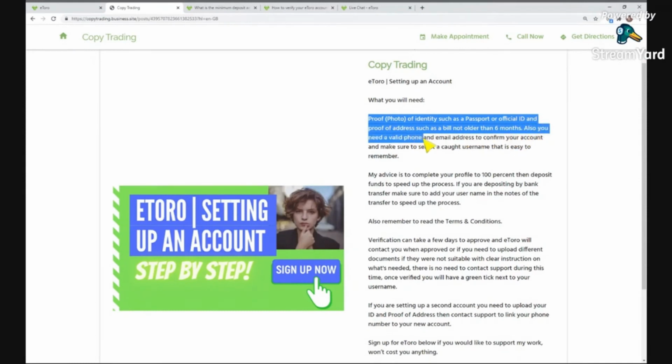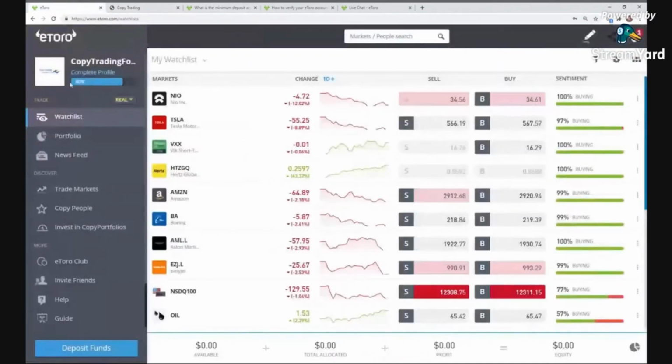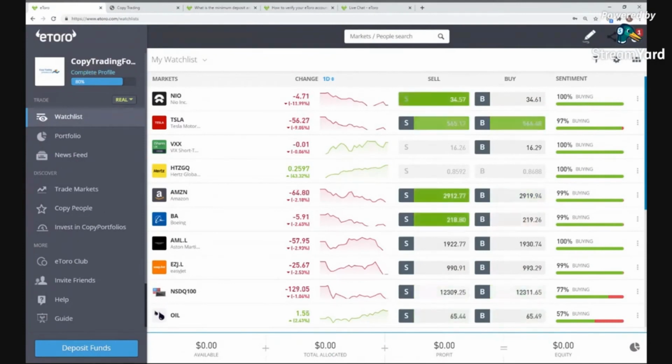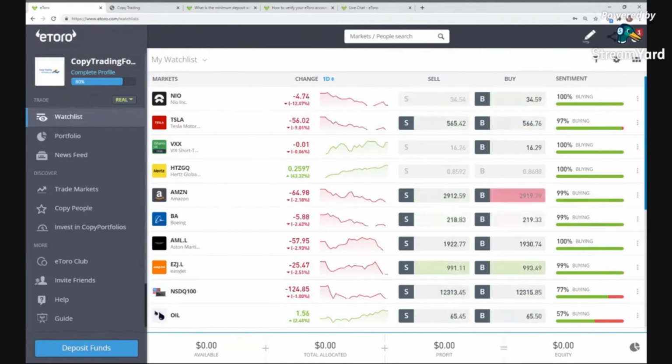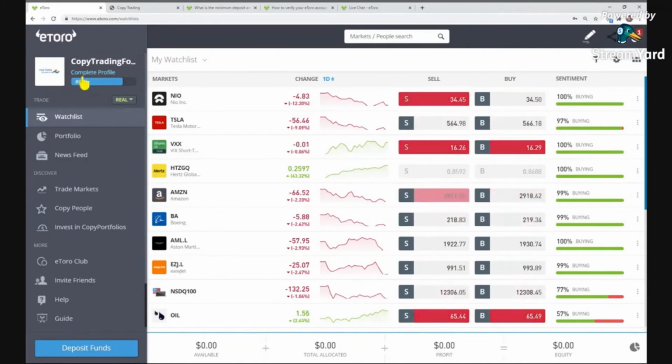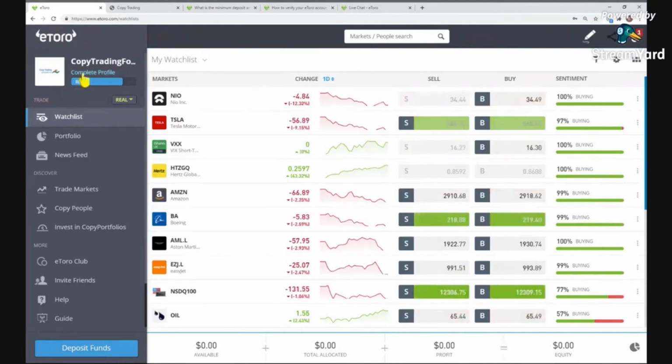Also, you'll need a valid phone number and email address to confirm your account, and make sure to pick an easy to remember username, because maybe in the future you might have people copying you, so you want something catchy, or else use your name like Jay Nemesis has done. His first name is Jay, or One Girl. It's very easy to remember. Whatever you're comfortable with, you can select, but just keep in mind that people may be copying you in the future.